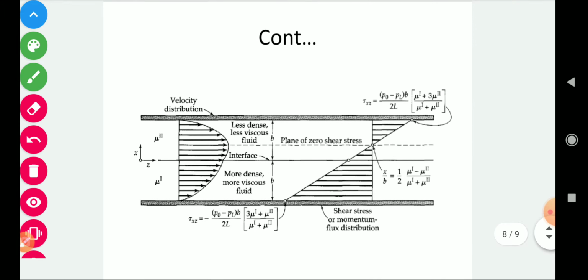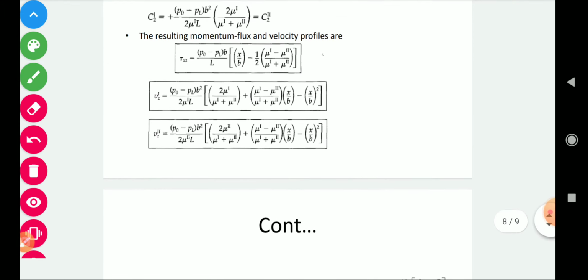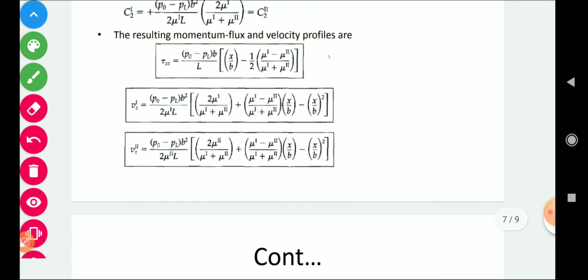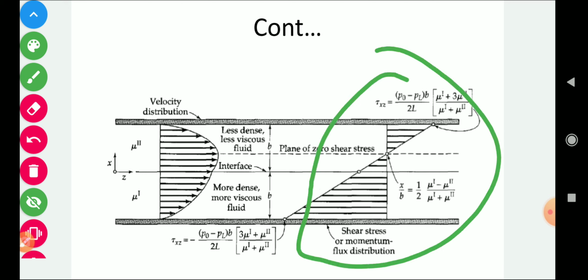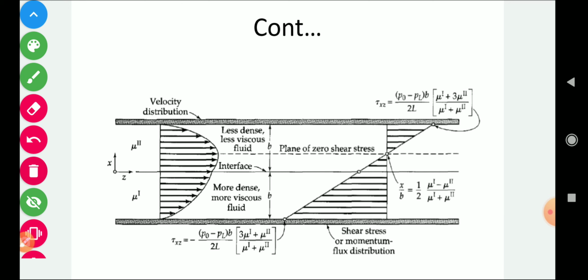With the use of these shear stress and velocity equations, we can plot the velocity profile and shear stress profile. So these are the final profiles of velocity and shear stress. This is shear stress, and this one is for velocity.